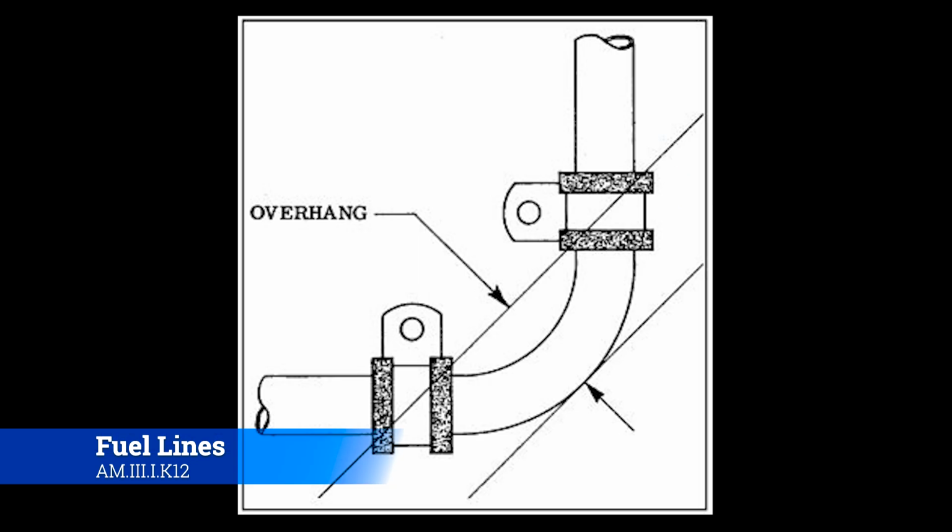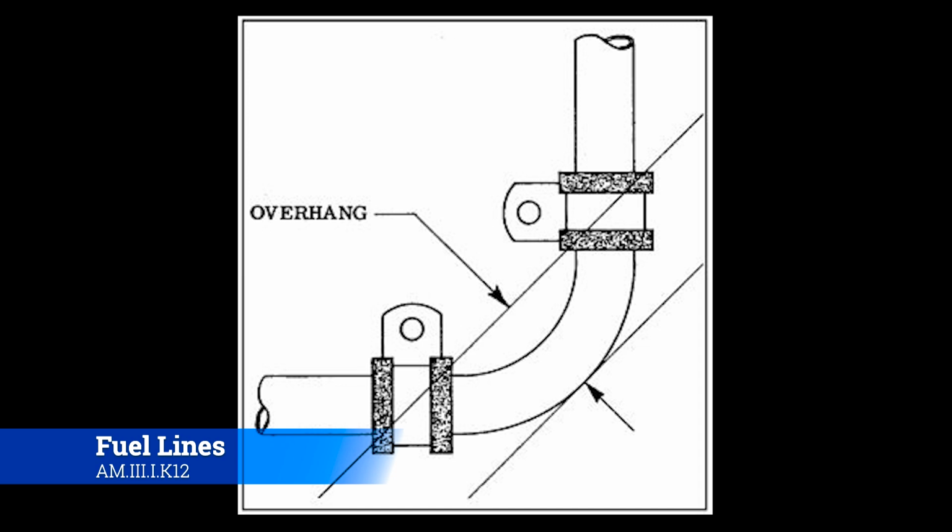The other thing to remember is that whenever you are putting your clamps there, you're going to try to get them as close to the bend as possible in the line to prevent any sort of what they call overhang. What you don't want to do is have a clamp in the middle of a line, it comes out to a bend and goes another way, and then there's another one right there, because all the vibration is going to concentrate where those bends are at.